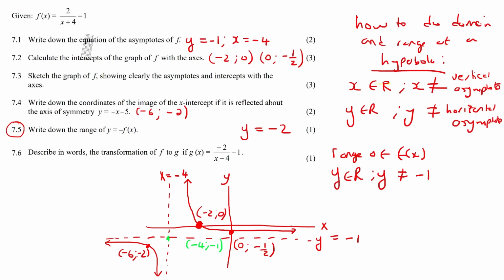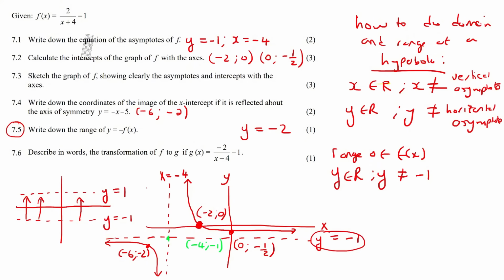So this point over here would also flip, and instead of being down here at y equals minus 1, it would now be up here at y equals positive 1. So to answer this question, we'll just say that y can be anything, but y simply cannot be equal to positive 1.